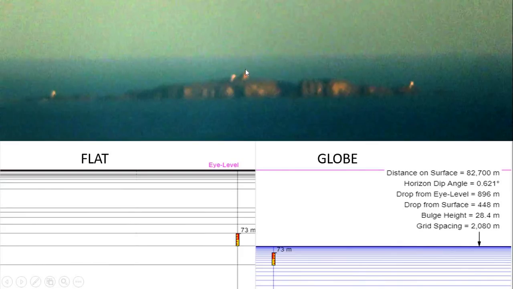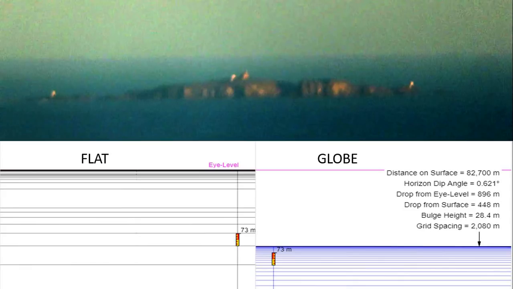The distance from horizon to the top of the tower here should be roughly half the distance from top of the tower to the base of the cliff here. So that will be about half the distance, and that looks just about right. On a flat Earth, we should see far more.